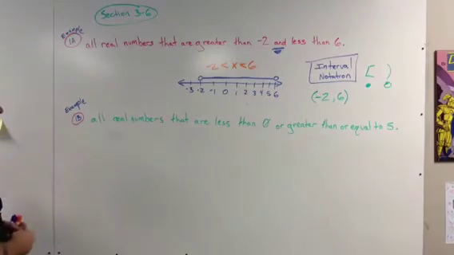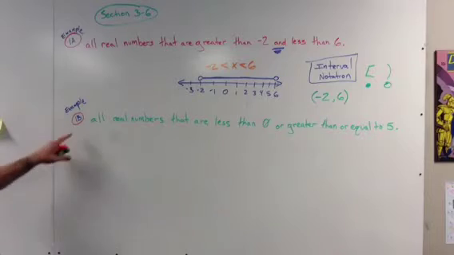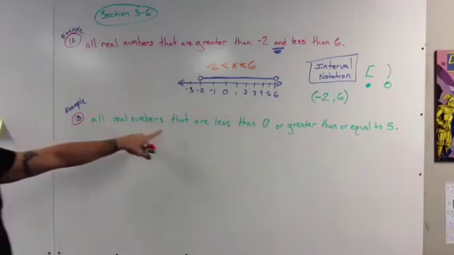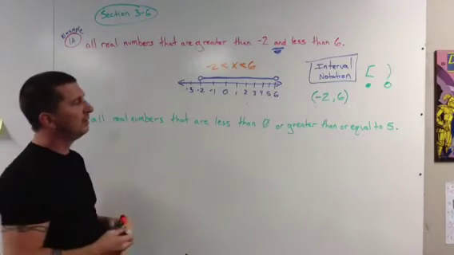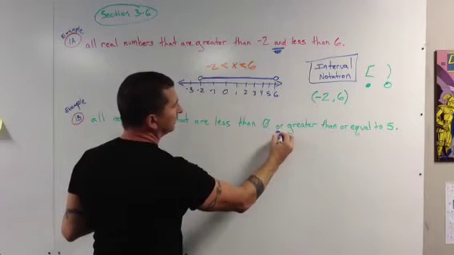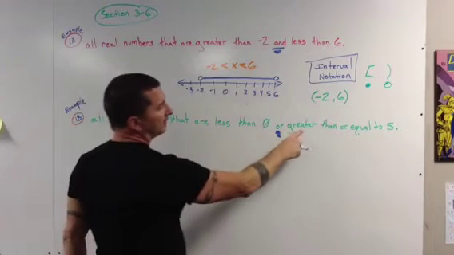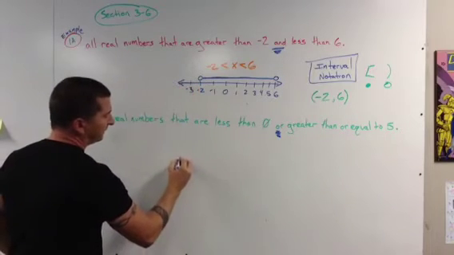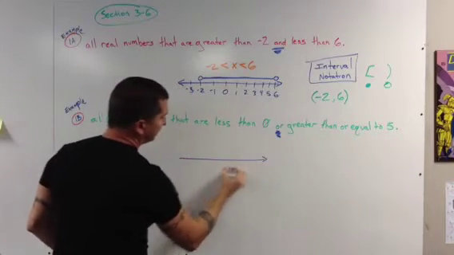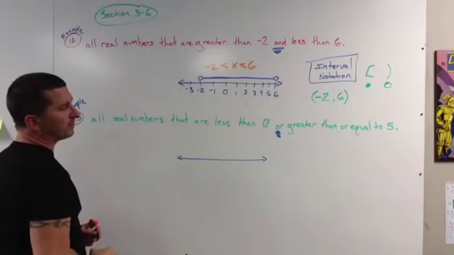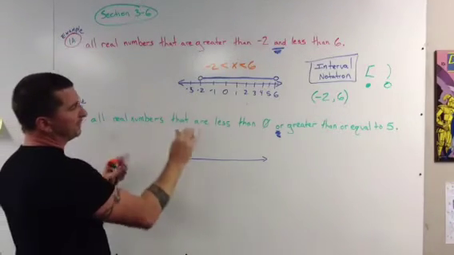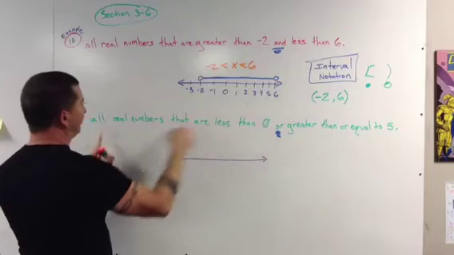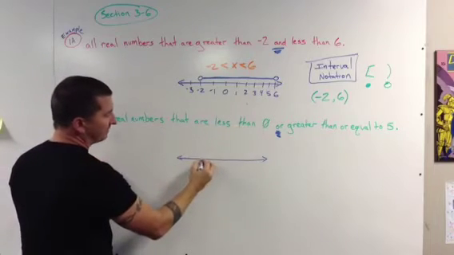The next example. All real numbers that are less than 0 or, keyword, greater than or equal to 5. The best way to approach these problems is take them piece by piece. So we're looking at all real numbers less than 0.